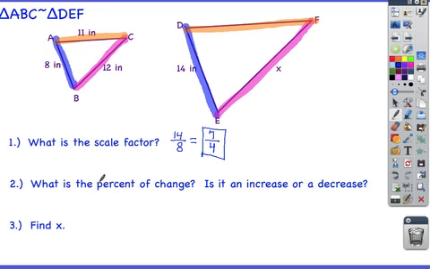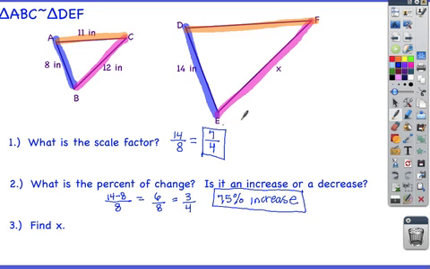Well, the percent of change, we're doing new minus old, so 14 minus 8 over the old. 14 minus 8 is 6 over 8, which can be reduced to 3/4. 3/4 is 0.75 or 75%, and since we are going from smaller to bigger, this is an increase. 75% increase.